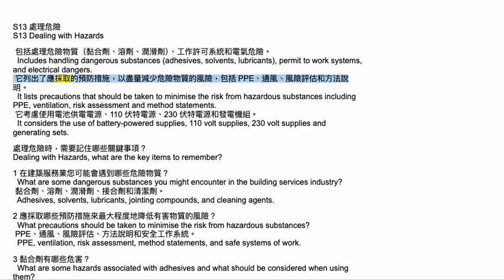It lists precautions that should be taken to minimize the risk from hazardous substances, including PPE, ventilation, risk assessment, and method statements. It considers the use of battery-powered supplies, 110V supplies, 230V supplies, and generating sets.